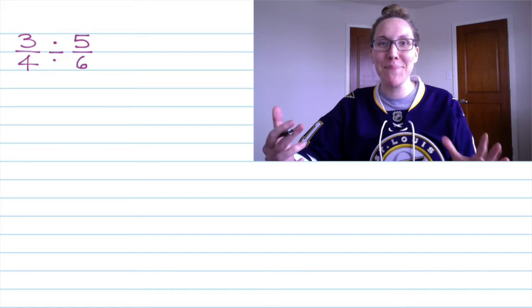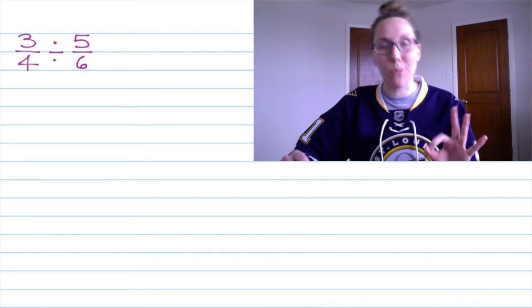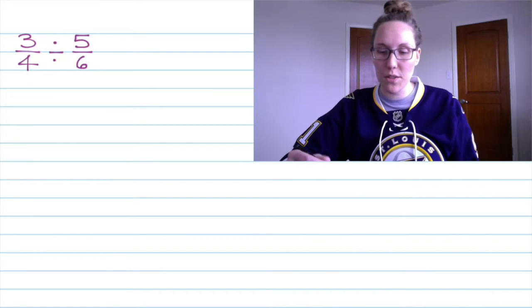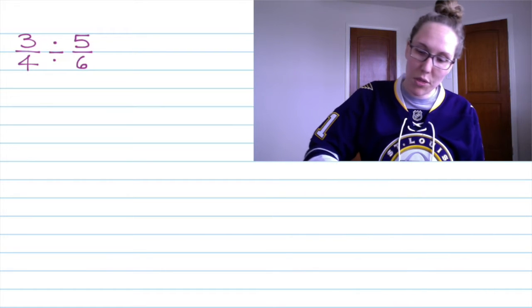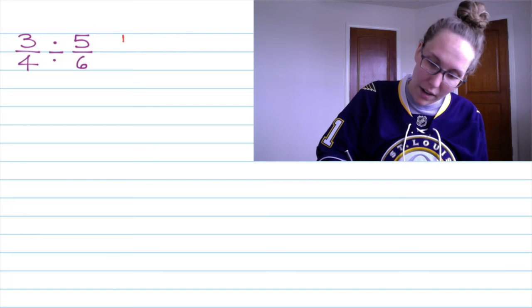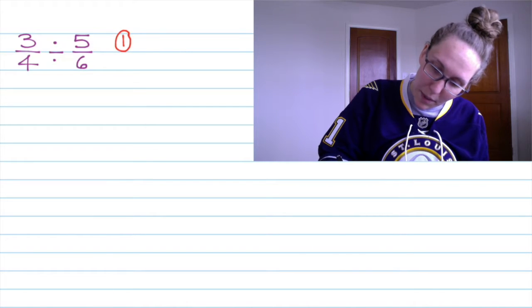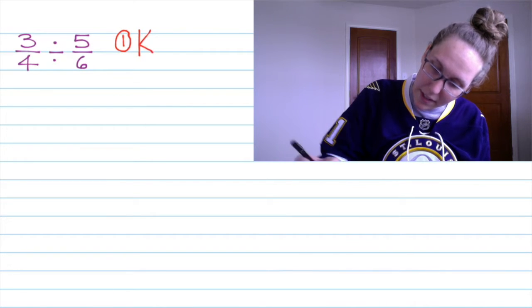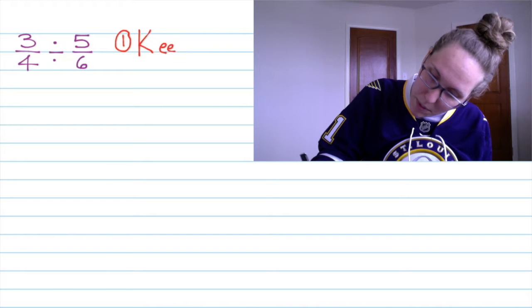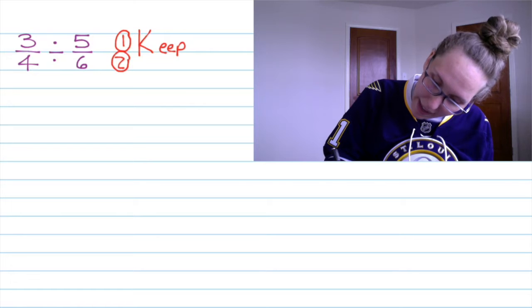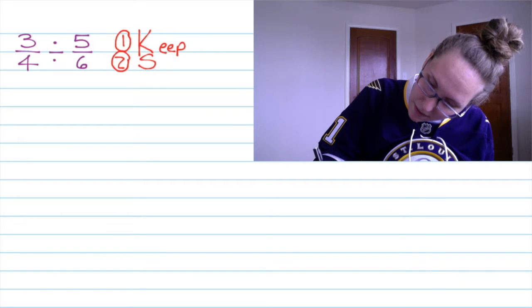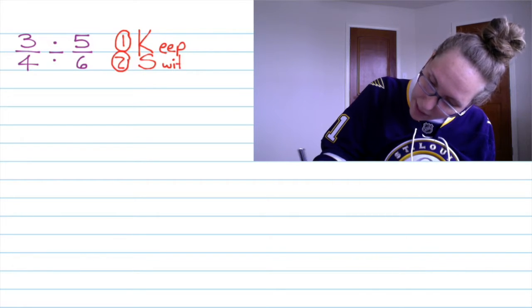So let's get started. There are really three steps that we are going to keep in mind when we are dividing fractions. And those three steps are keep. So we're going to put a big K right here for keep. Our second step, a big S for switch.